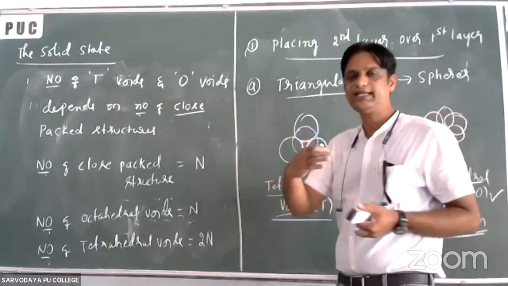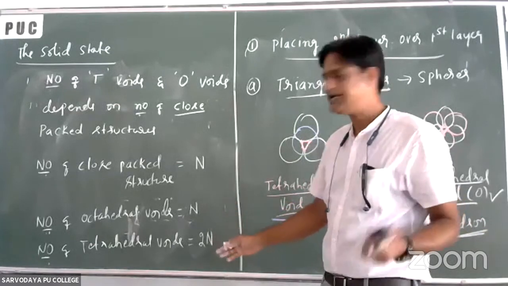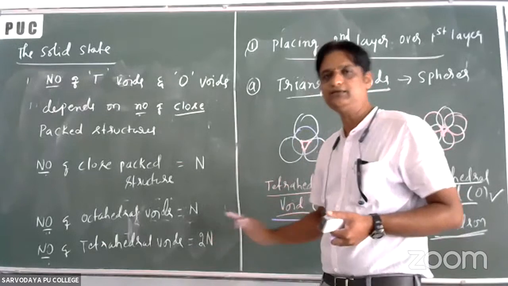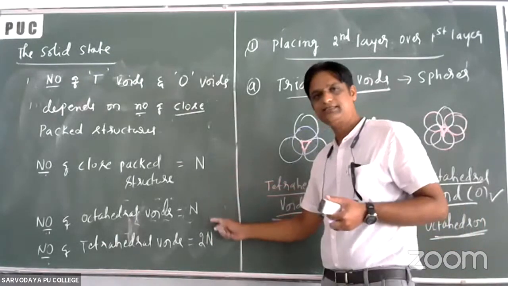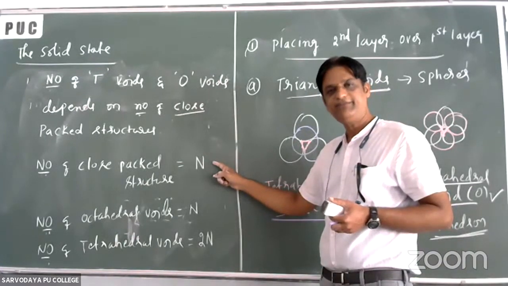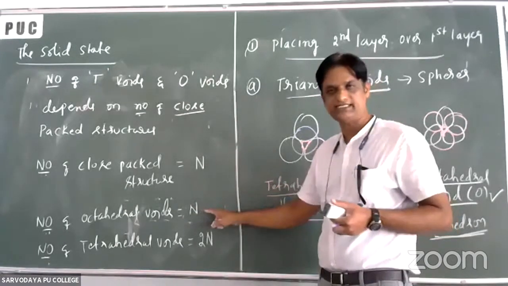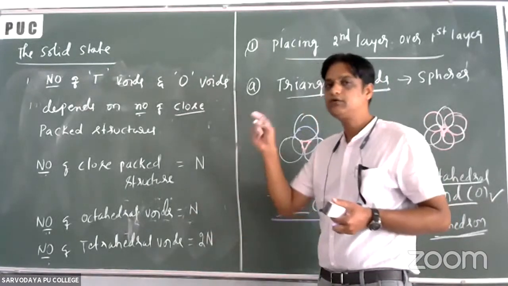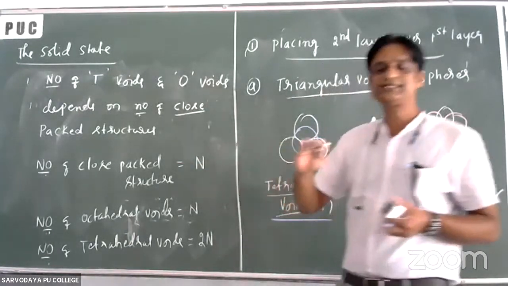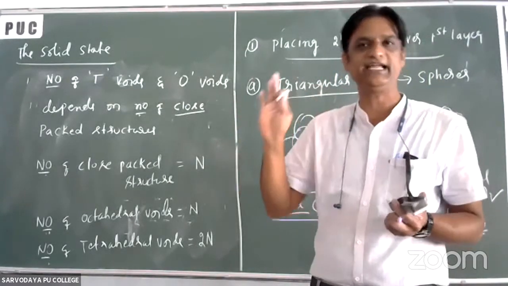Based on this, you can expect problems. We will work out what type of problems you will get with respect to close pack structures, octahedral voids and tetrahedral voids. This relation you remember. If the number of close pack structures is n, octahedral voids are the same as close pack structures, that is n. Tetrahedral voids are twice the number of close pack structures, that is 2n. So this is with respect to the arrangement of the second layer over the first layer.